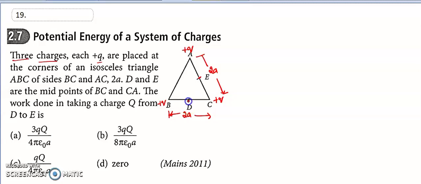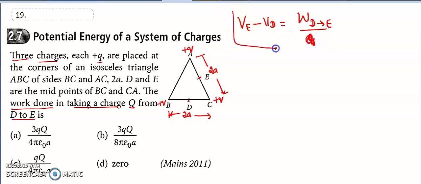Then the work done taking the charge q from D to E gives the potential difference. So VE minus VD is equal to the work done from D to E divided by the charge, capital Q. So this is the formula.